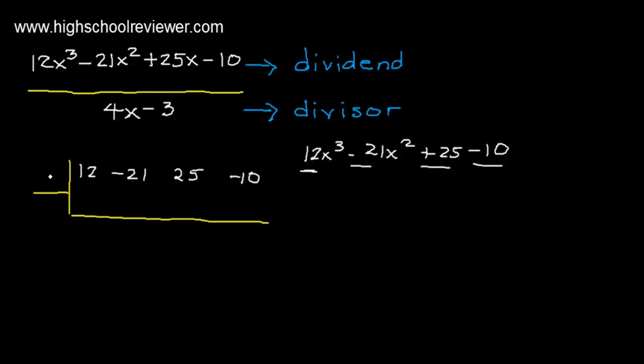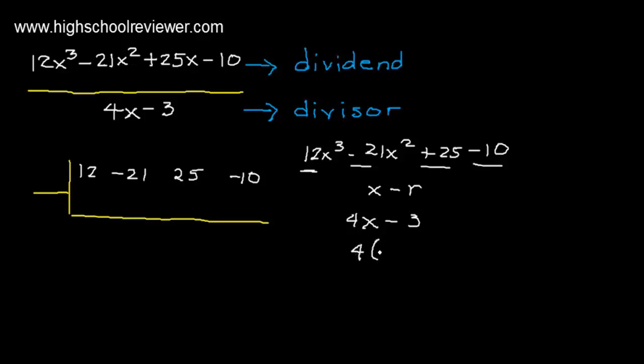The number on the smaller box will come from the divisor. Our divisor is 4x minus 3. But remember, it should be of the form x minus r. So to make this of the form x minus r, we have to factor out 4.